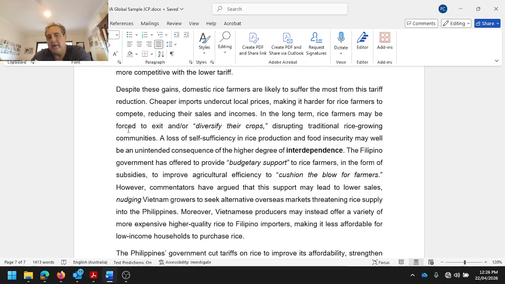Okay, so they understand there's a period of adjustment for the local producers and will compensate. But then again, there's a counterclaim. However, commentators have argued that this support may lead to lower sales, nudging Vietnam growers to seek alternative overseas marketing, threatening rice supply into the Philippines. So again, the counterclaim is based on evidence that is visible in the article.